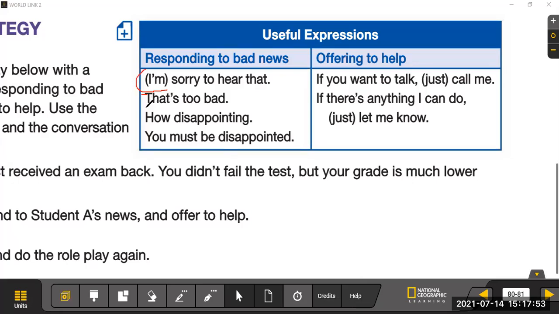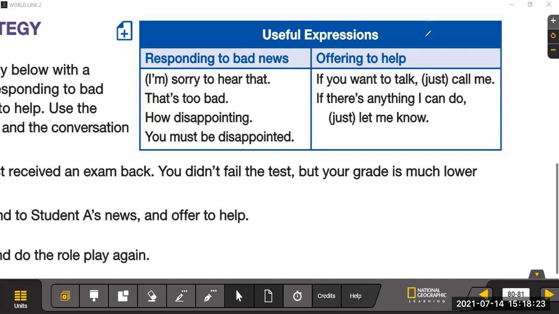These three: that's too bad means qué mal, or eso es muy malo. Wow, how disappointing, qué decepcionante. And you must be disappointed, debes estar decepcionado. These are the normal sentences that we use when a person tells us about something bad that happens to them.